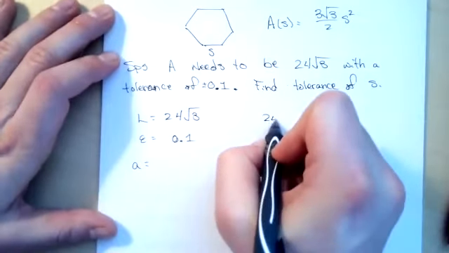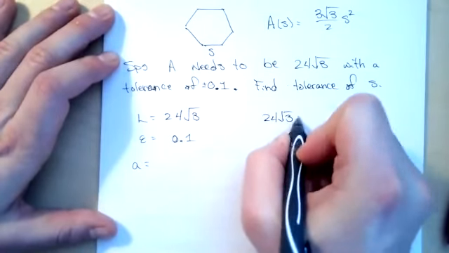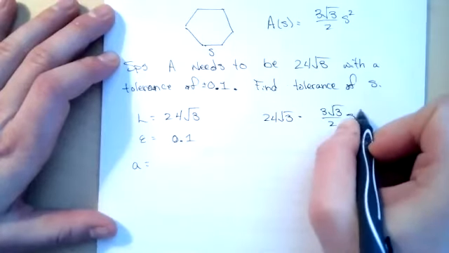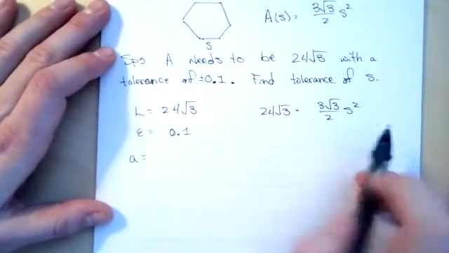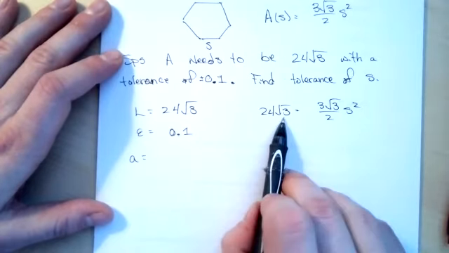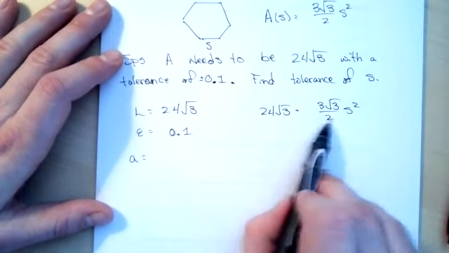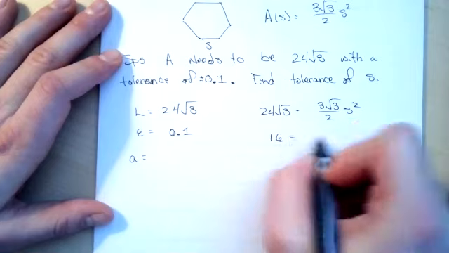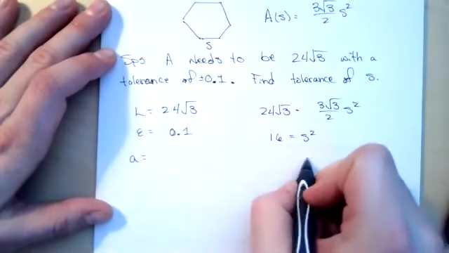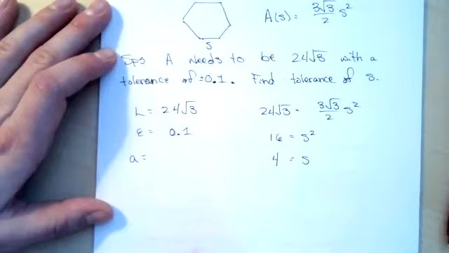So if we have 24 root 3 equals 3 root 3 over 2 S squared, we need to figure out the input for S. So root 3's are going to cancel. We'll divide by 3. When I square it, we'll get 16 is equal to S squared. So our S is going to be 4.